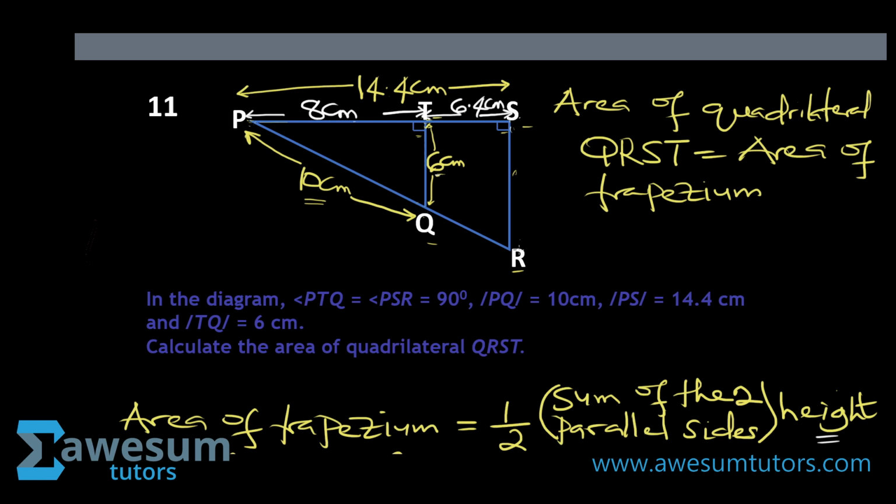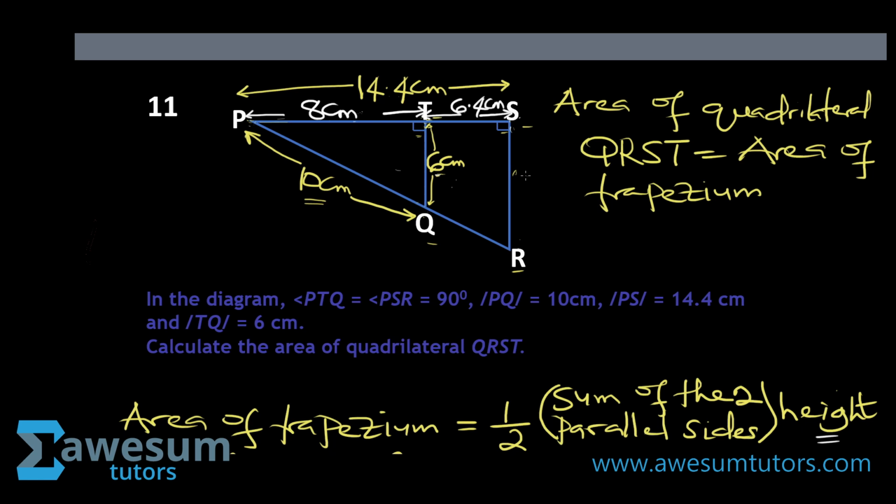Now a way to solve that is you can say PT, which is 8/6, that's for this smaller triangle, equals 14.4 over SR. You will take note of what I'm doing because it's similar triangles.